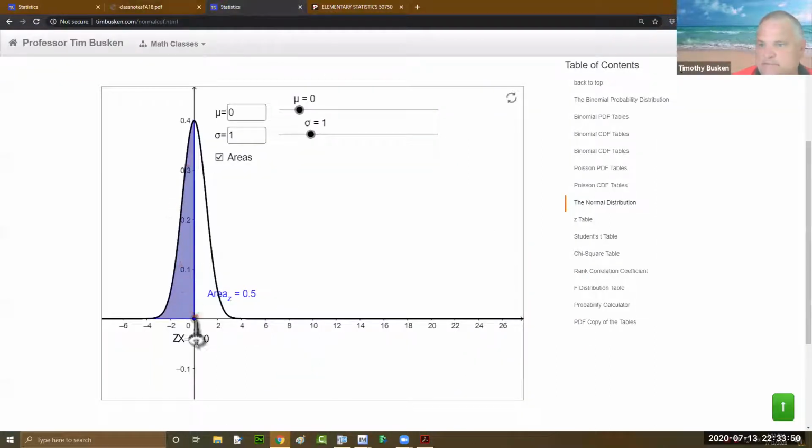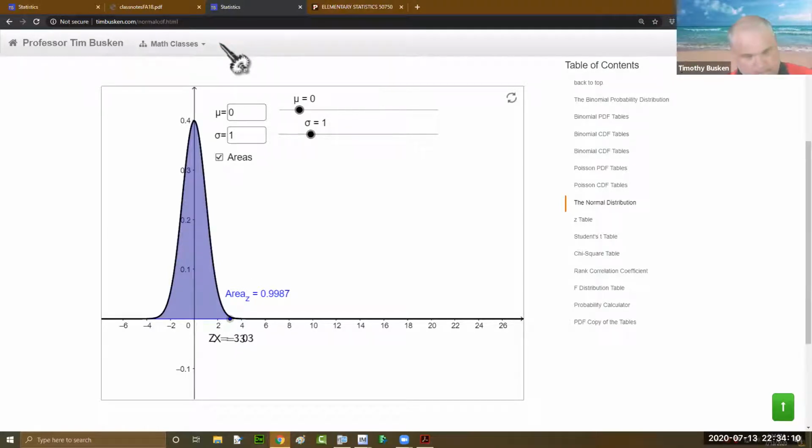If we continue to move this z value along the z-axis, you can see the cumulative area increases, and we get to about 3.49, and almost all of the area, the cumulative area, is about 100%. So those are the properties of the standard normal distribution.